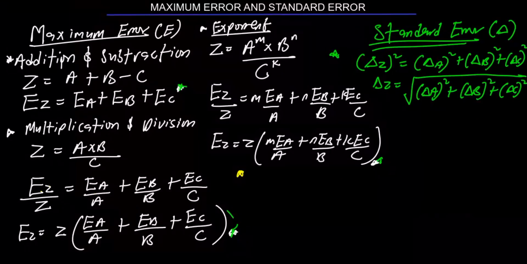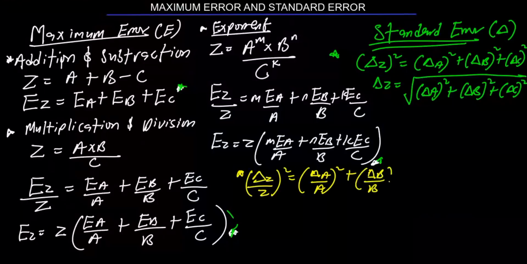From here, you will see I'll have delta, that is standard error, delta Z over Z all square equal to delta A over A all square plus delta B over B all square plus delta C over C all square. Remember that you are going to change E to delta, then square each of the terms.